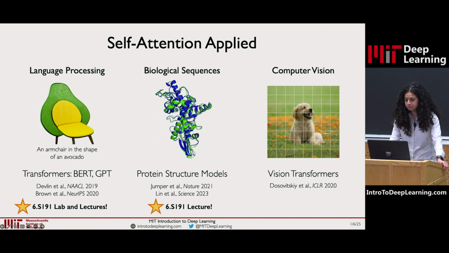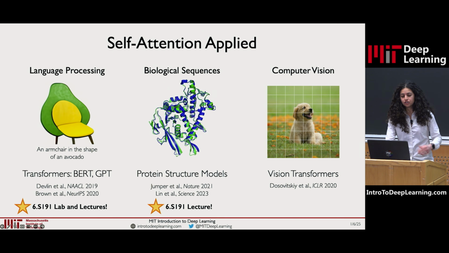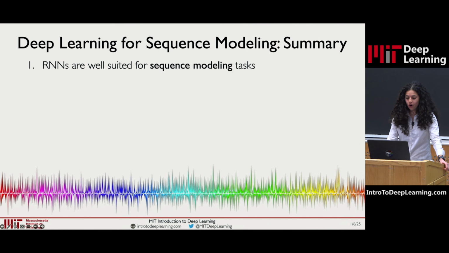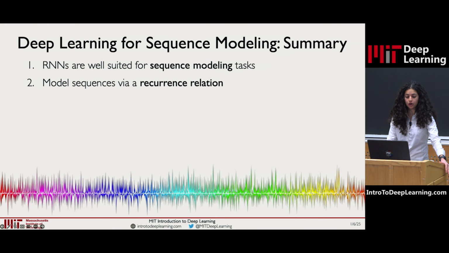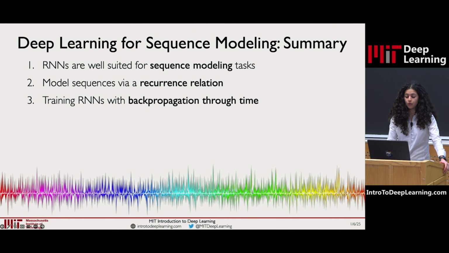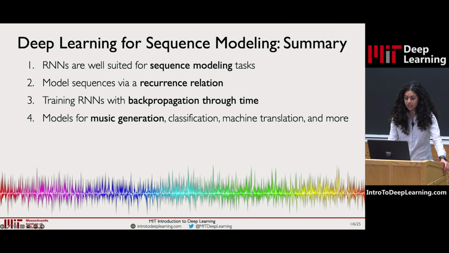So to summarize and close, hopefully you've gotten a sense of how rich sequence modeling is as a set of problems and things we can consider. We saw how RNNs work. We saw how we can build up intuition for RNNs through this notion of recurrence, how they can be trained through backpropagation.